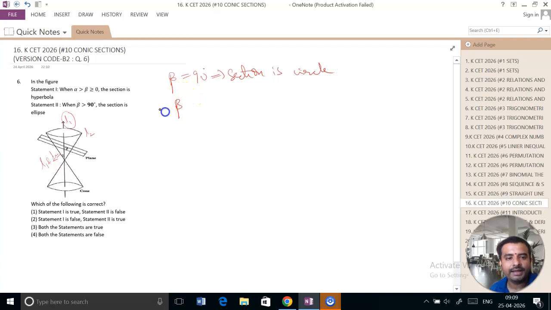When beta is less than 90 degree, when alpha is less than beta less than 90 degree, then it forms ellipse.